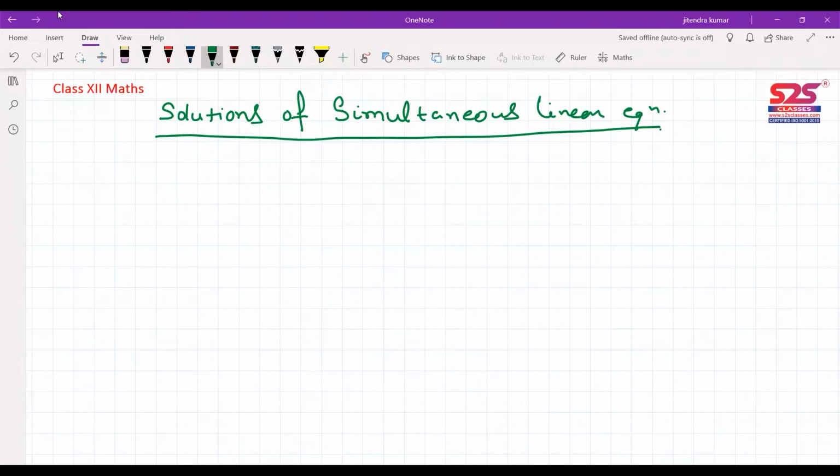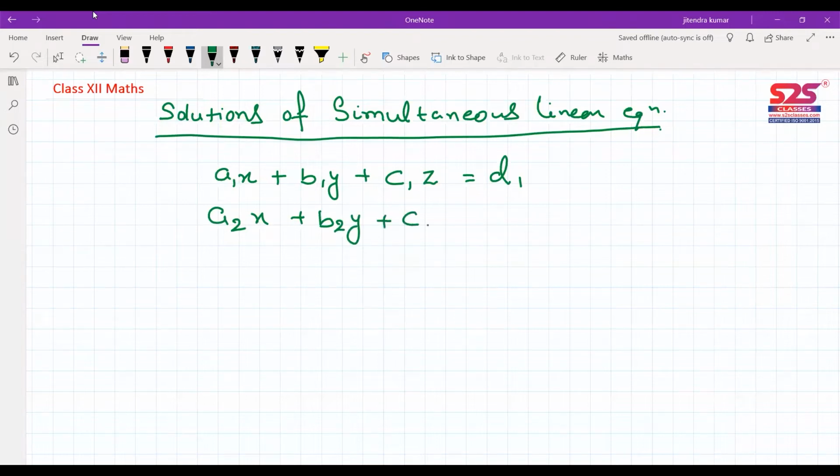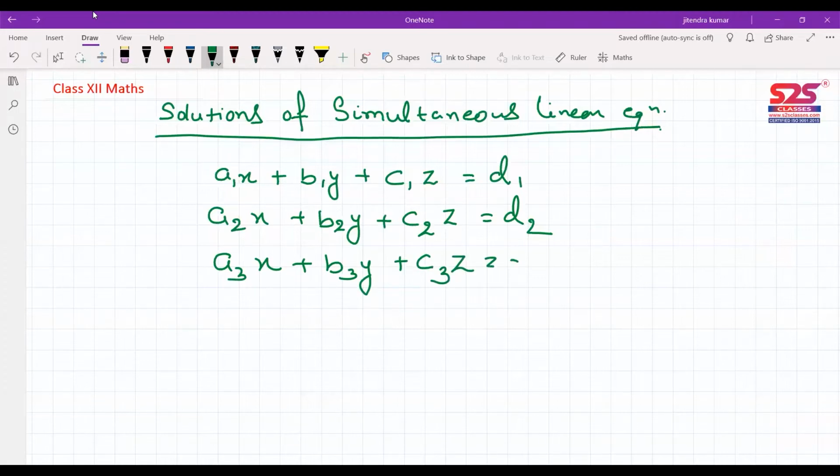Okay, so linear equations, as we already know. Let's take the linear equations as a1x plus b1y plus c1z is equal to d1, then a2x plus b2y plus c2z is equal to d2, and a3x plus b3y plus c3z is equal to d3.